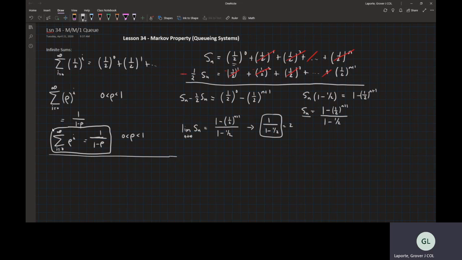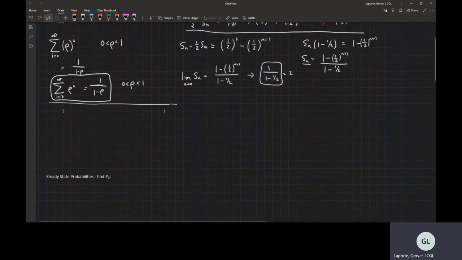And that's in general for these infinite queues, these infinite lines. If you don't have that, then your line's going to blow up. There's going to be an infinite number of people jumping in your line. So you have to have that.